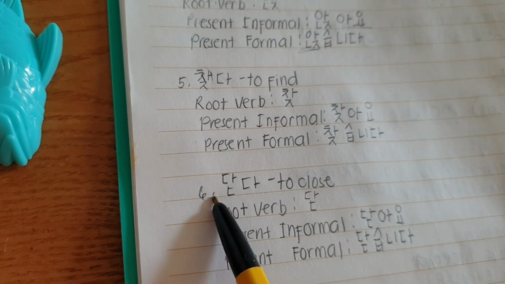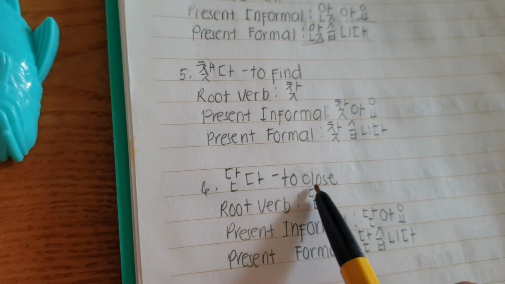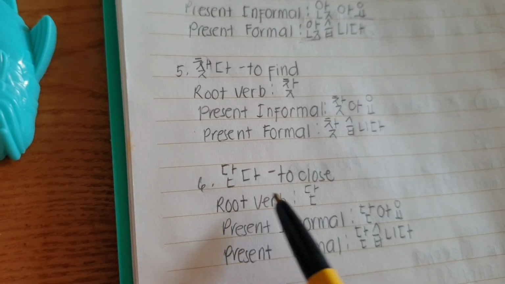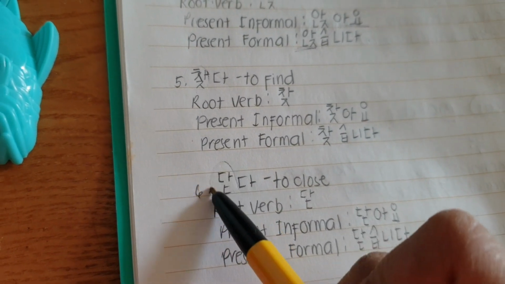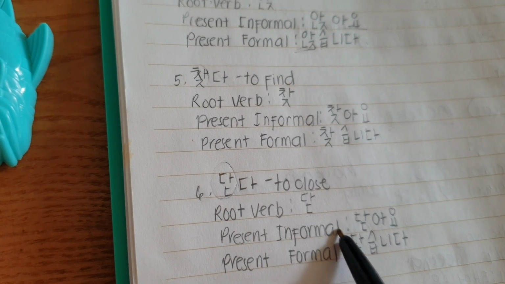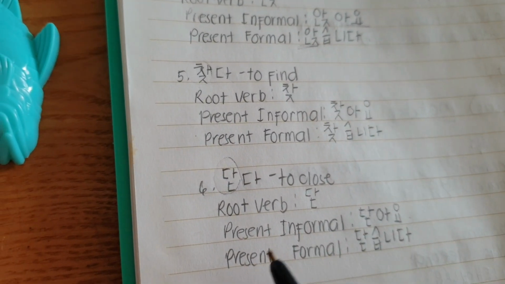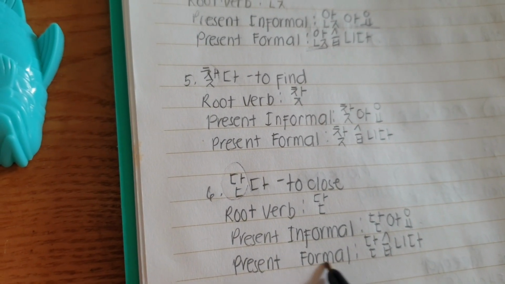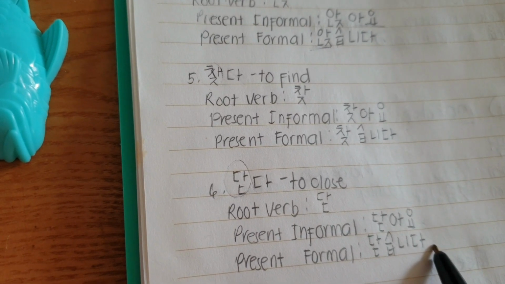The next is 닫다, to close. The root verb is 닫. You're just gonna remove the da. Then the present informal is 닫아요. Then the present formal is 닫습니다.